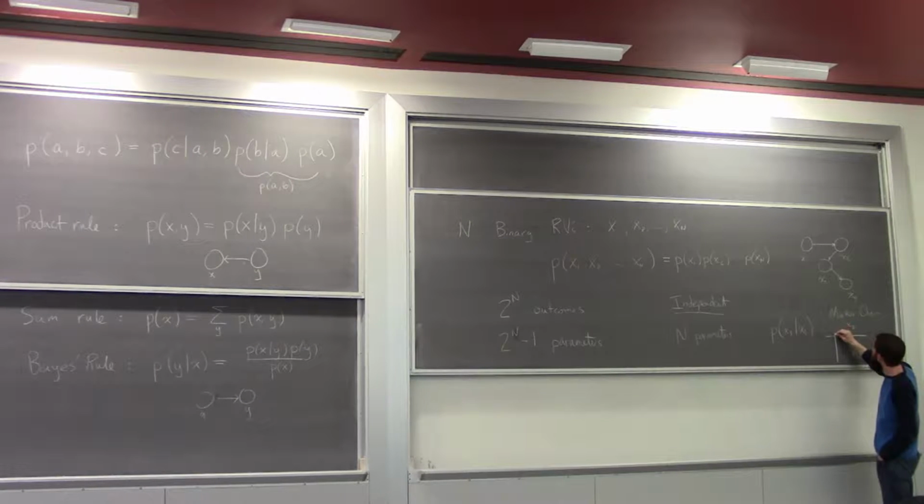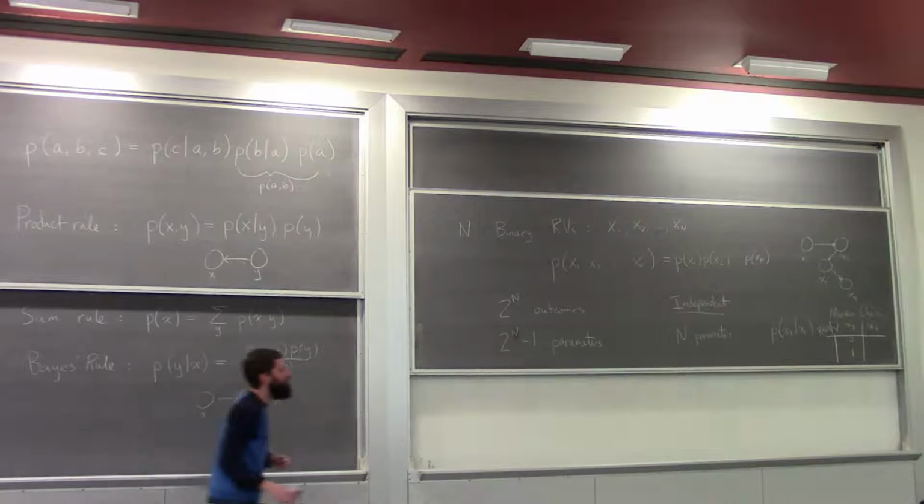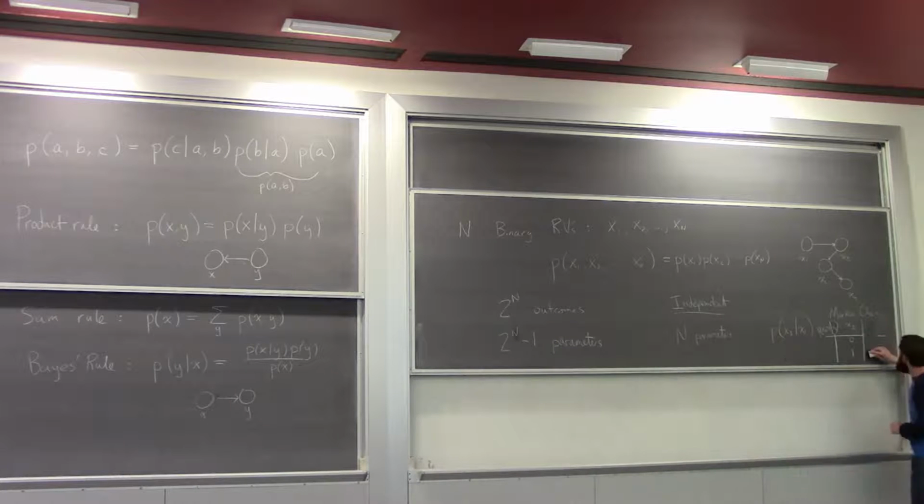No, I don't need to tell x3. Sorry, messing that up. This is the probability of x3 equaling 1 given the value of x2. So I just need to tell you the probability of x3 equal to 1, given x2 being this value or this value.